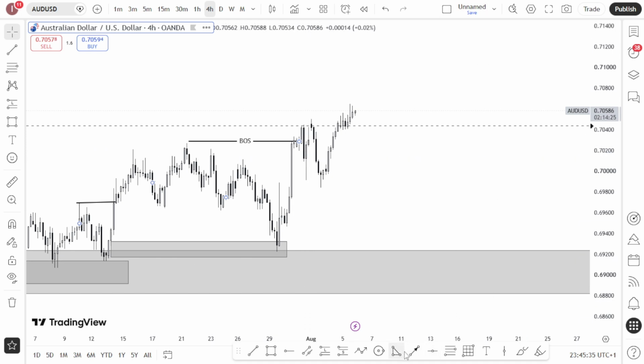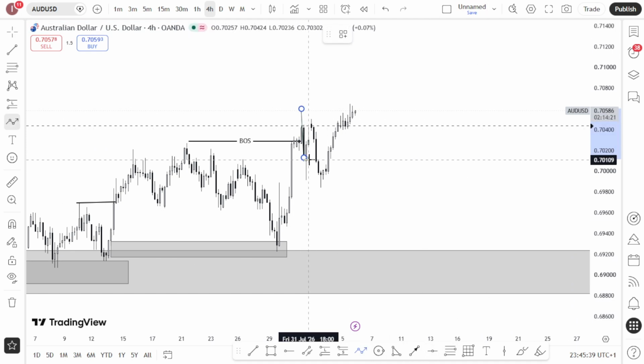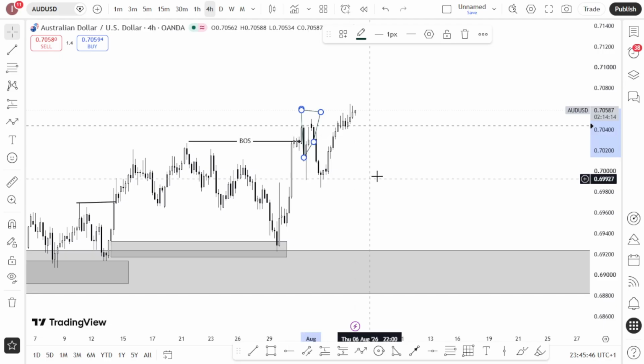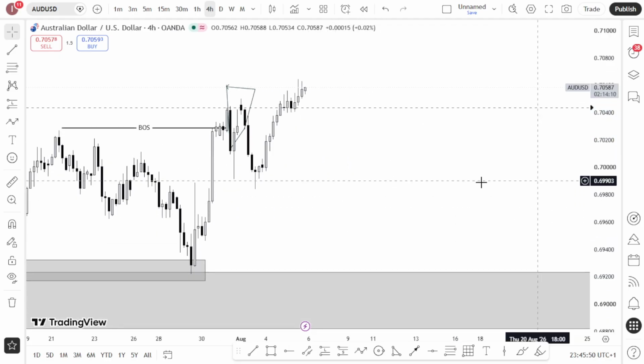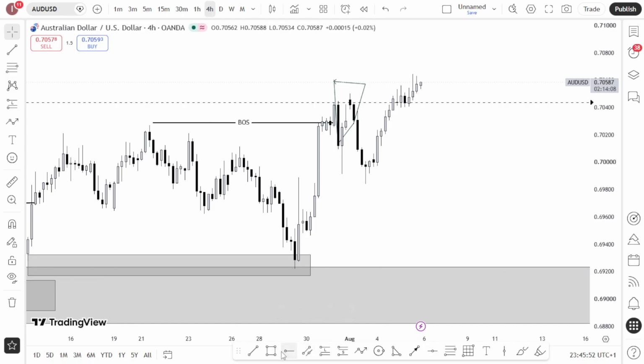Price was around here, price was around this, it left this week, so price was around this area when I came in.